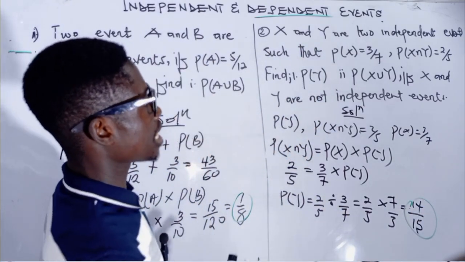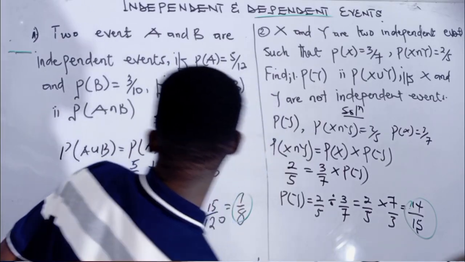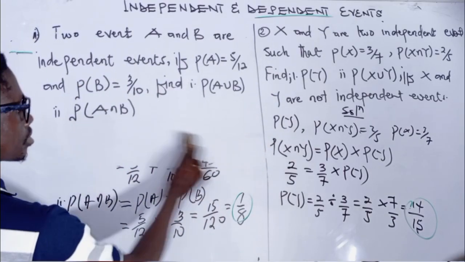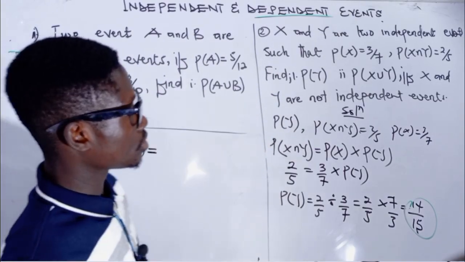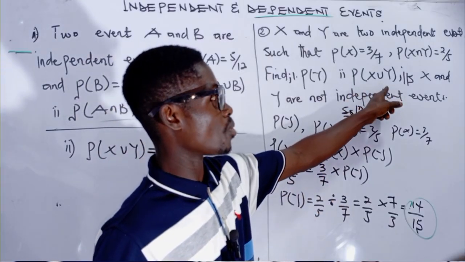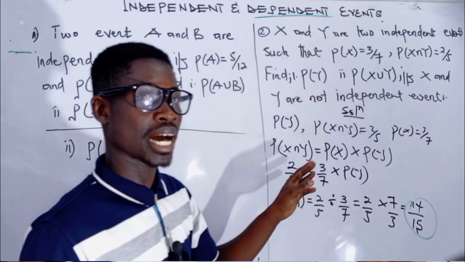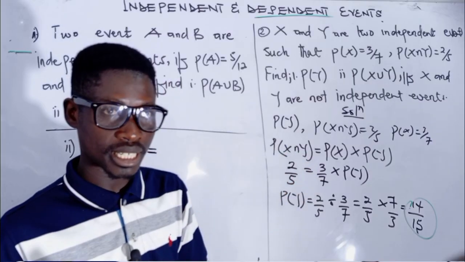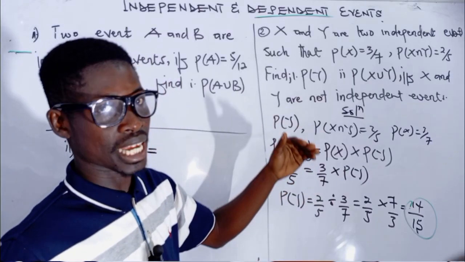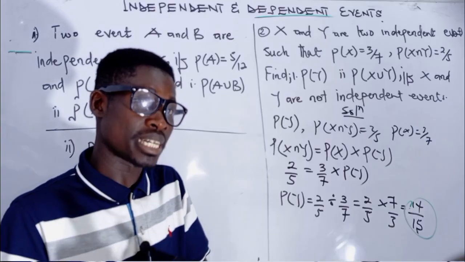Now let's look at part I. So we are saying that P of X union Y, we want to find it if X and Y are not independent. So it means that with the I, we are saying that X and Y are dependent.